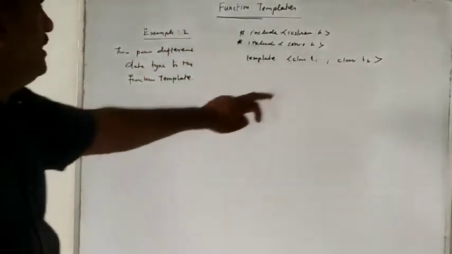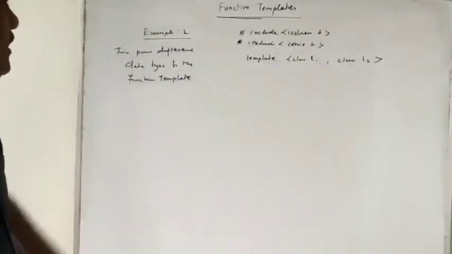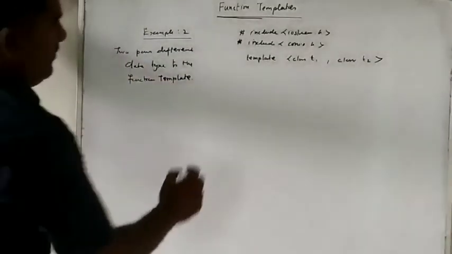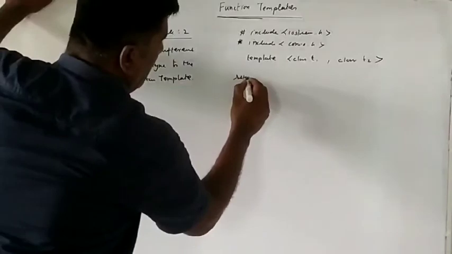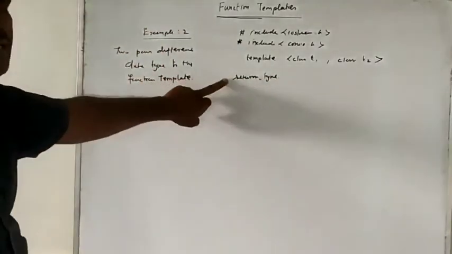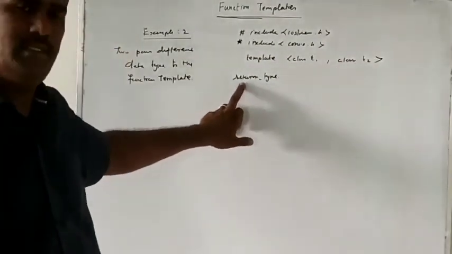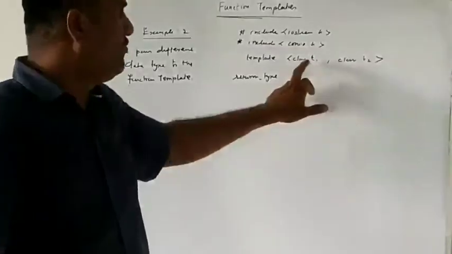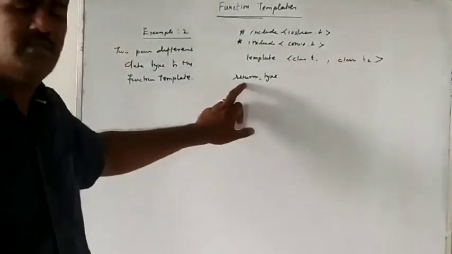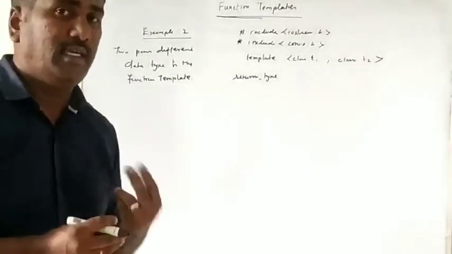The function template has classes T1 and T2. Again you have the return type. Suppose you pass integer, then the return type is integer. Suppose you pass float, then the return type is float. Now we pass two different data types.